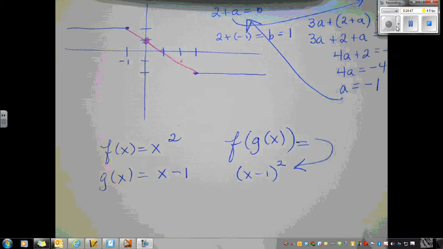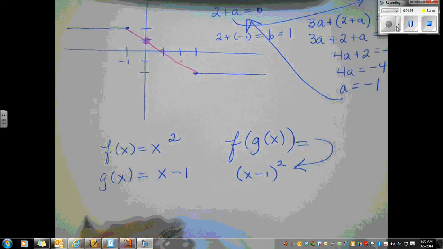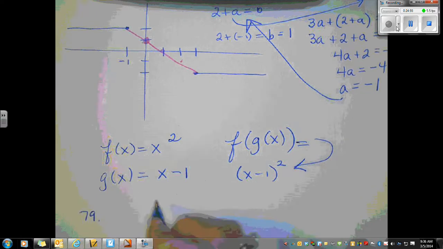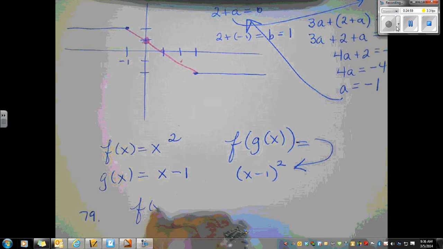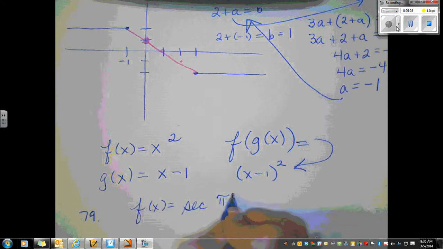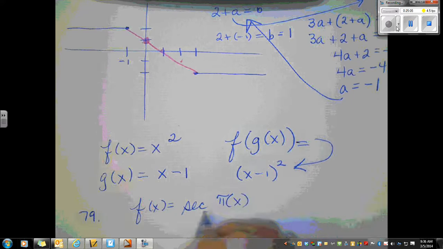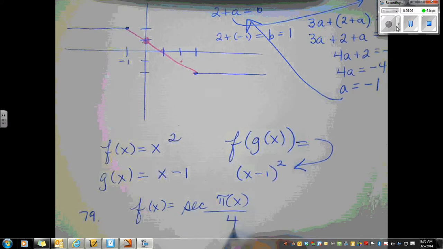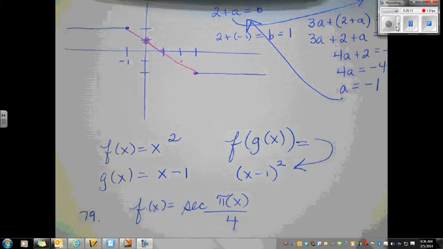All right, let's see, what else do they ask me to do? Look at page 80, number 79. 79 is the secant guy. It says, describe the intervals on which the function is continuous.